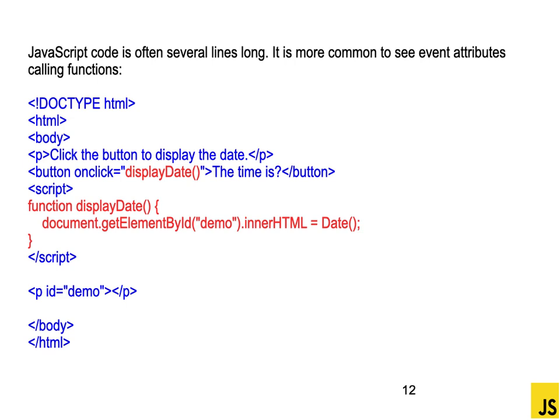After that, we have created a function in script tags. Function displayDate, document.getElementById demo.innerHTML is equal to Date. So here it is created as a separate function. In the previous example, we directly invoked the Date function for the onclick property.